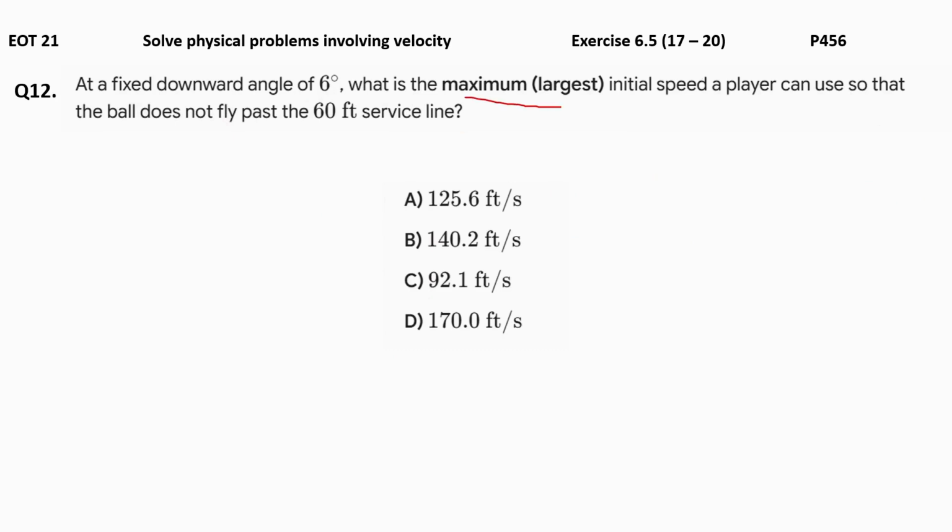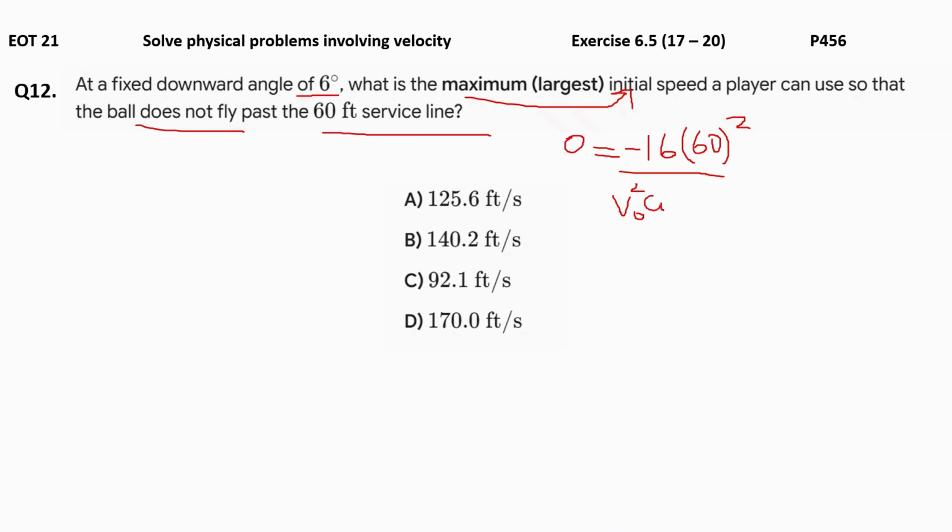Here, they have asked to find the maximum initial speed, and the ball does not fly past the 60 feet service line. Downward angle is also mentioned. Here y remains as 0, so 0 is equal to -16, and they have mentioned your x as 60, so let it be 60 square divided by, we are supposed to find the velocity, so let it be V naught square.